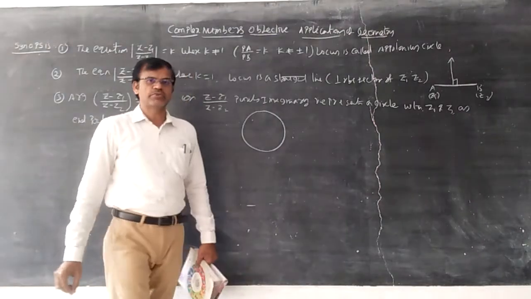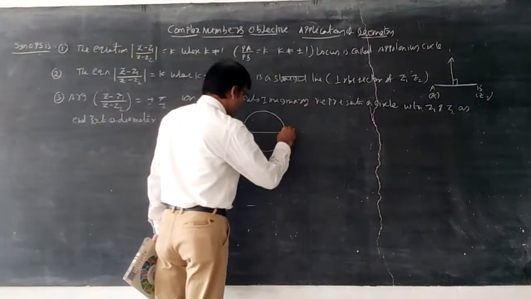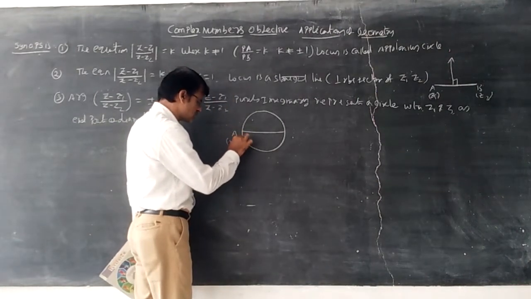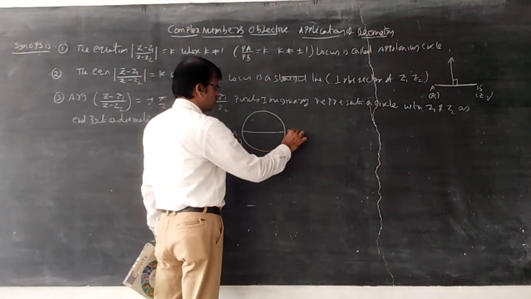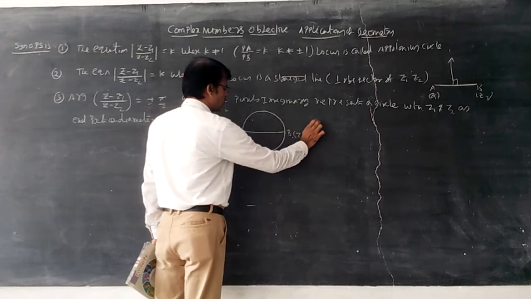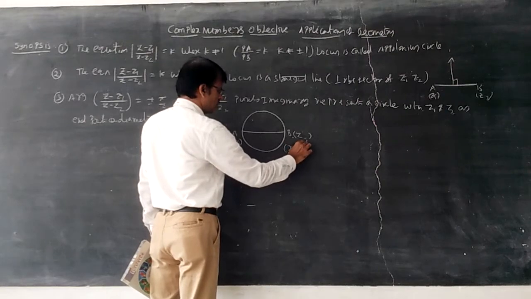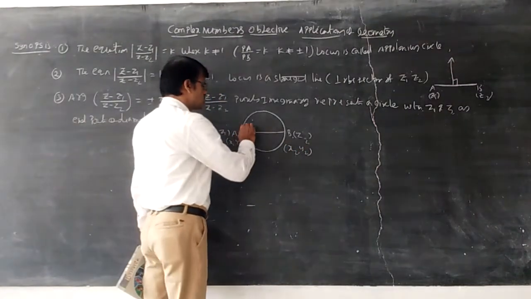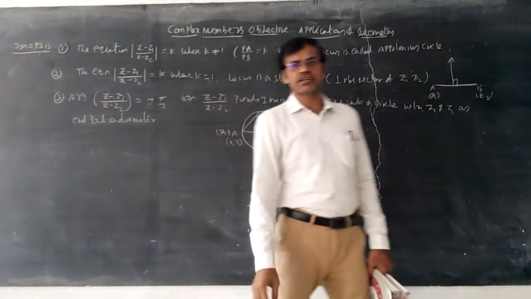Here we should compare between the complex numbers and general coordinates. A is x1 comma y1, which is nothing but the notation z1. Here B is z2, the complex number x2 plus iy2, so you can write B as x2 comma y2. In a semicircle we know that the angle in a semicircle is equal to 90 degrees.